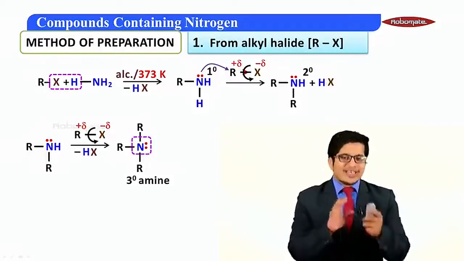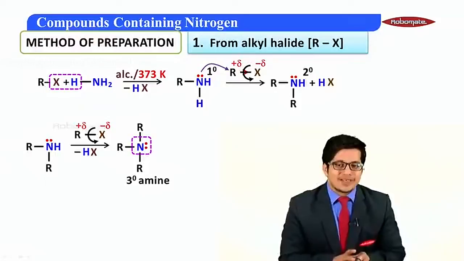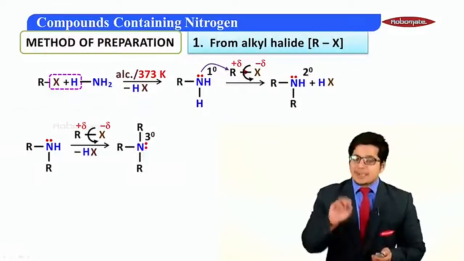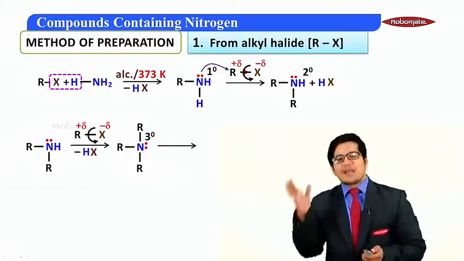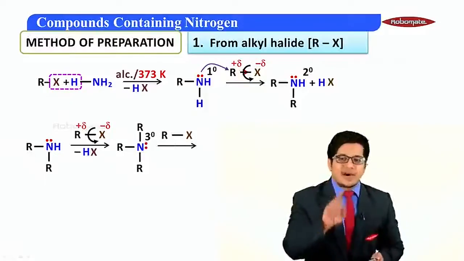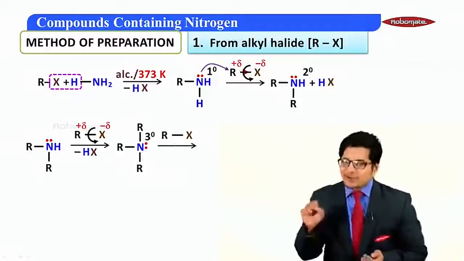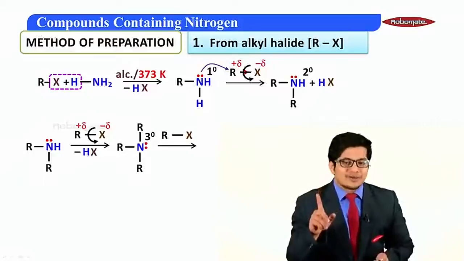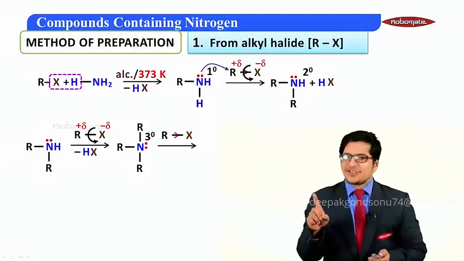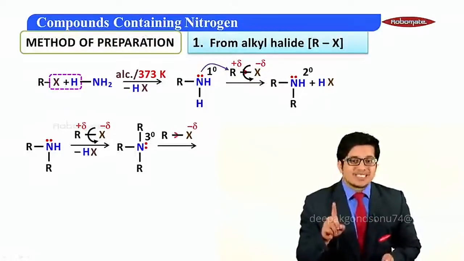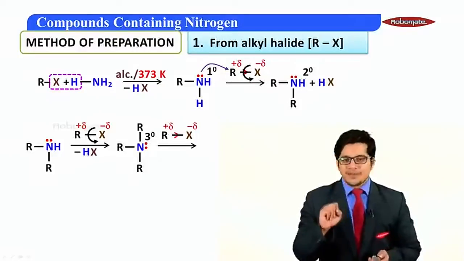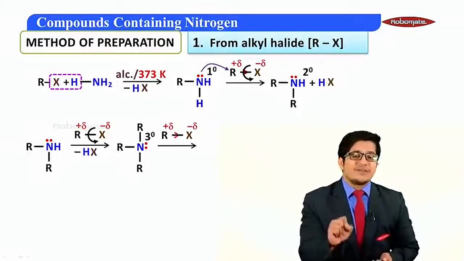Now, the reaction does not stop over here. Suppose to this tertiary amine we add one more RX. Now nitrogen consists of one lone pair, right, students? This nitrogen would donate its lone pair towards the R group because it is electron deficient.